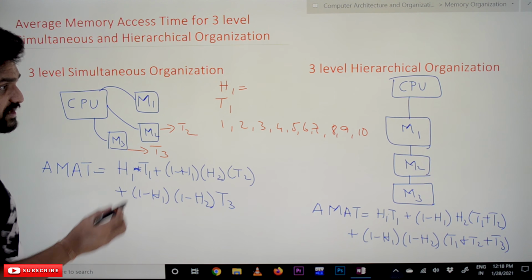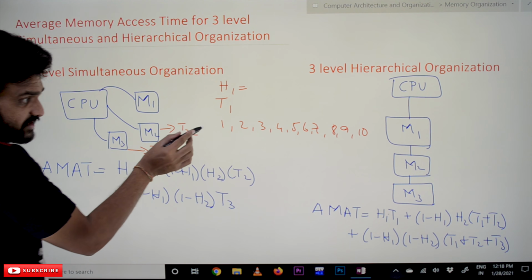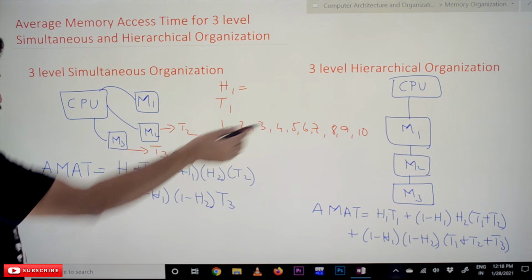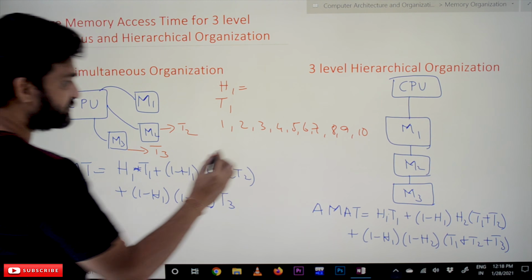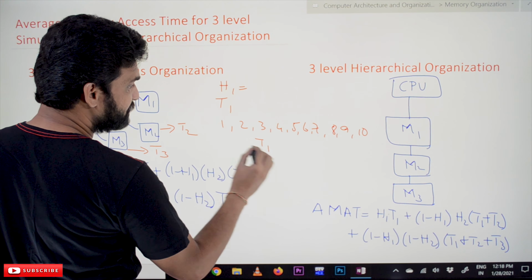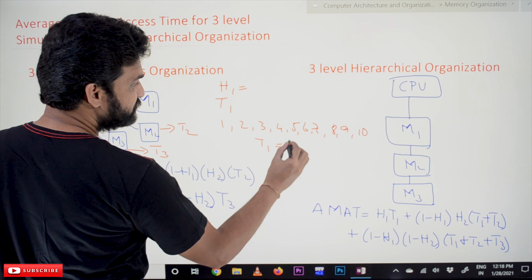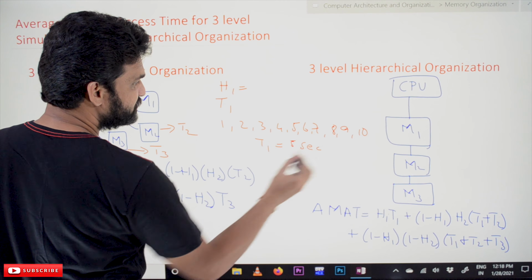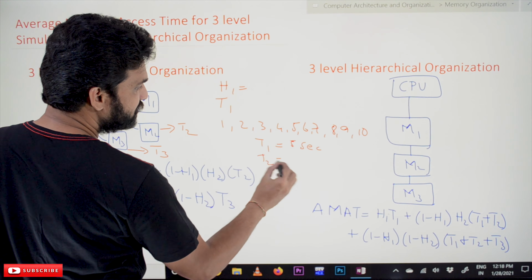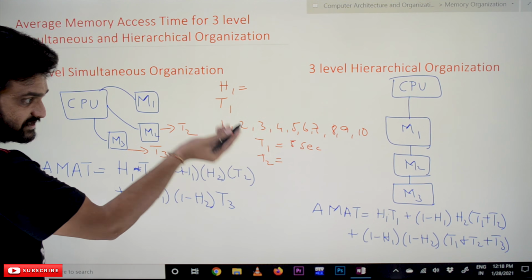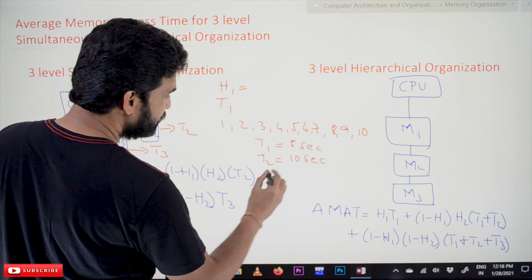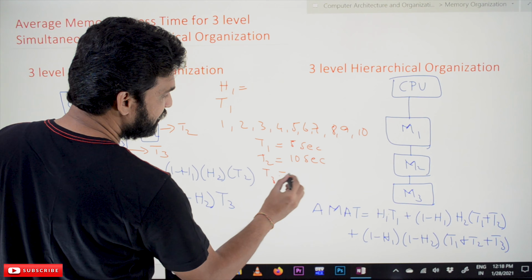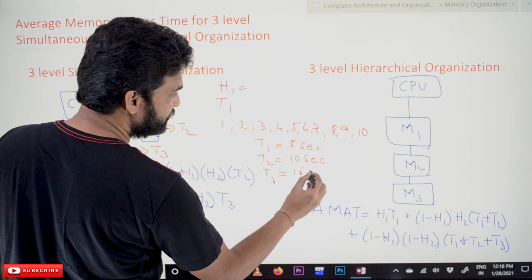For example, there are 10 requests made by the CPU. Assume that the access time T1 for memory 1 is 5 seconds, and T2, the time taken to access the value from memory 2, is 10 seconds. And T3, the access time for memory 3, is 15 seconds.